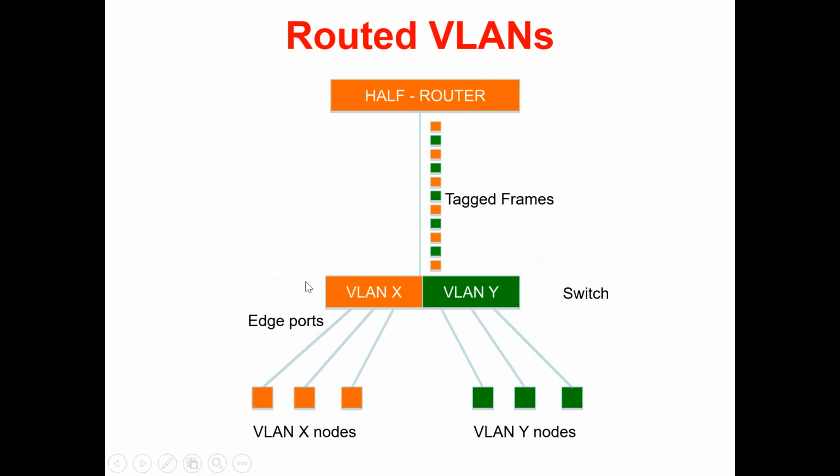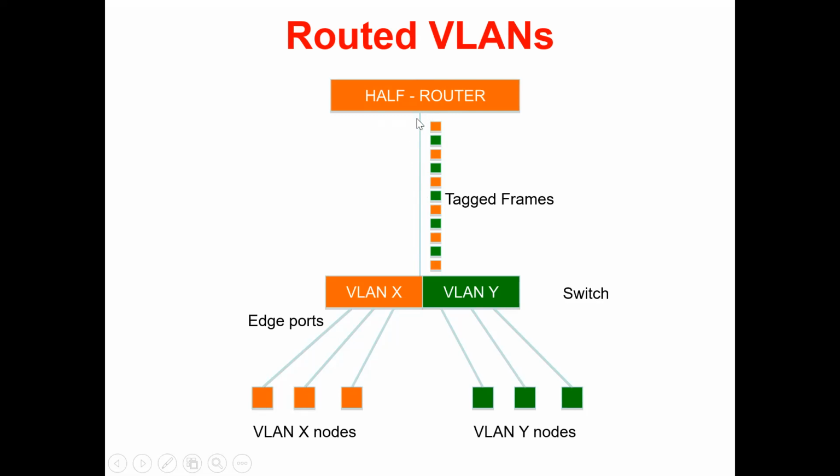We have one switch, with a VLAN X and a VLAN Y on the right hand side. We use a router, but we have a special name for it. We call it a half router, or also a router on a stick. Why? Because there's only this single connector.